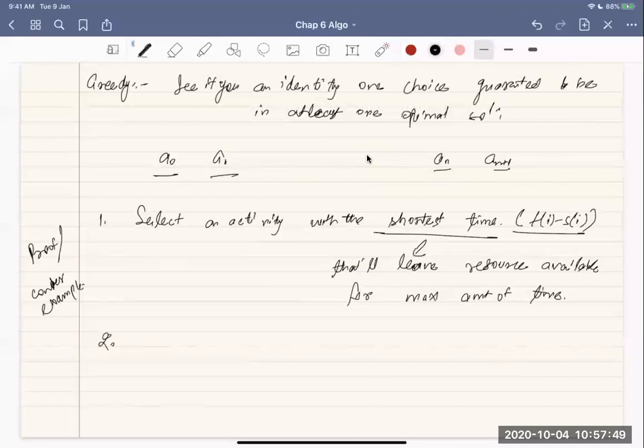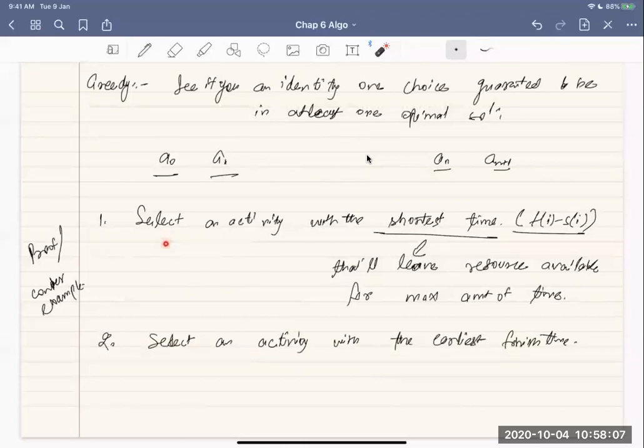So you can select an activity with the earliest finish time. You see this property 2 is different from 1. In 1, I was selecting the activity that has the smallest Fi minus Si. Here I am choosing the activity with the smallest Fi.